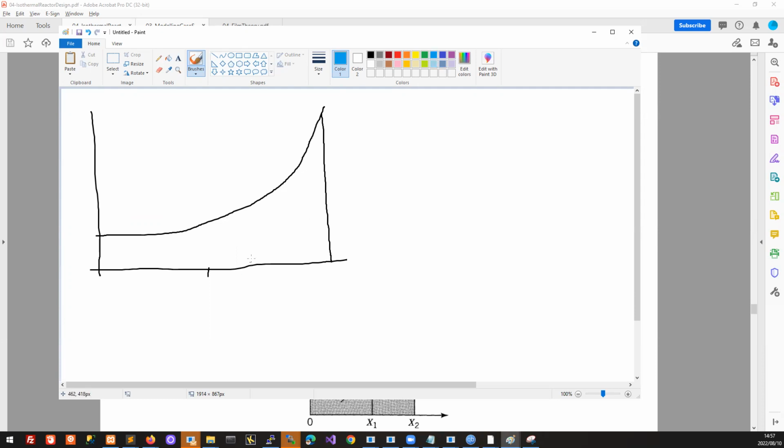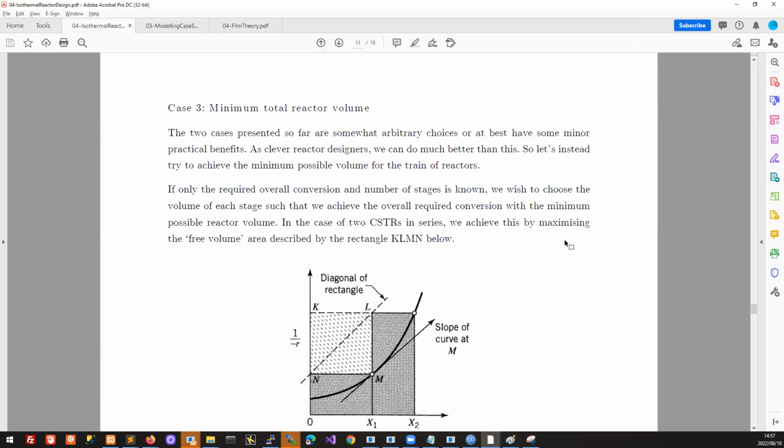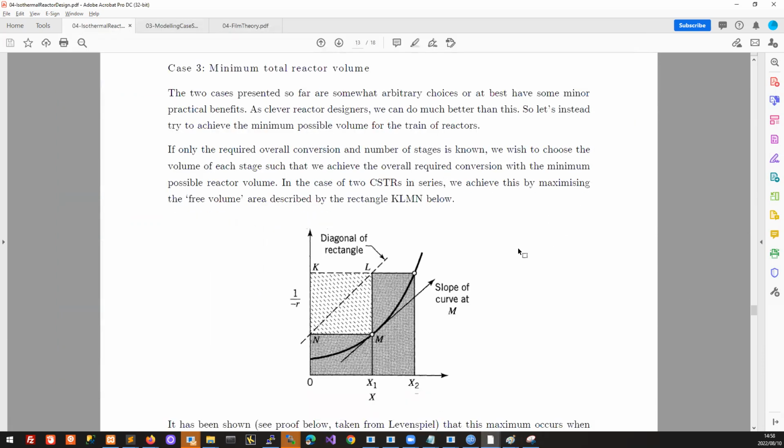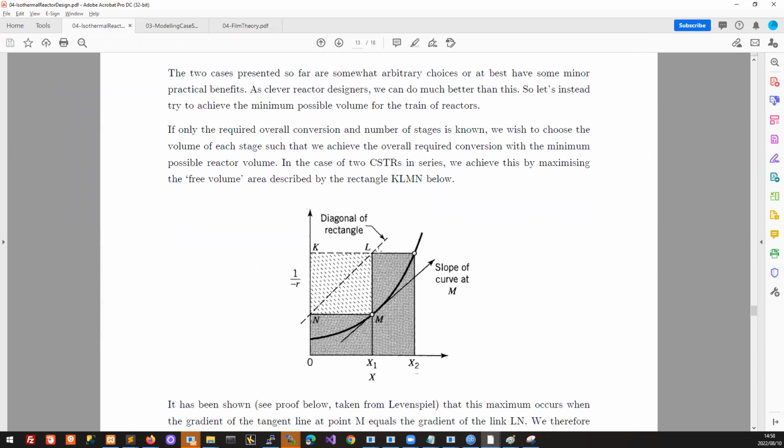What is the best X value to choose such that I get overall the smallest possible combination of reactors, right? So now we're trying to be really clever with this and choose a really good intermediate conversion. The way that we do that is to say, well, the wasted volume is this volume, right? We know when we use two CSTRs in series, that's the wasted volume.